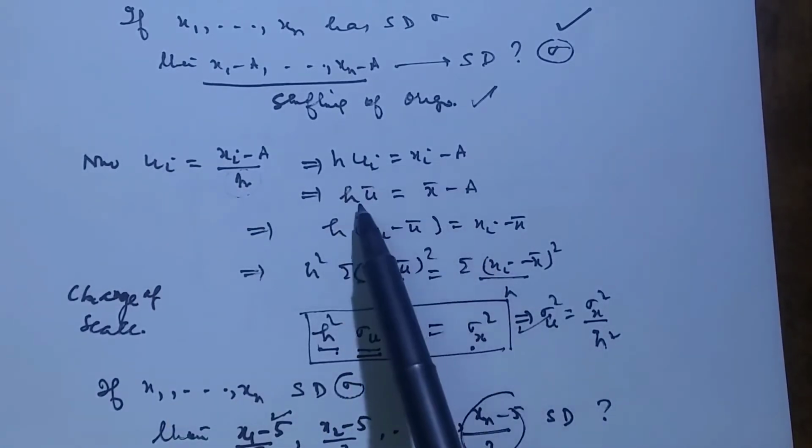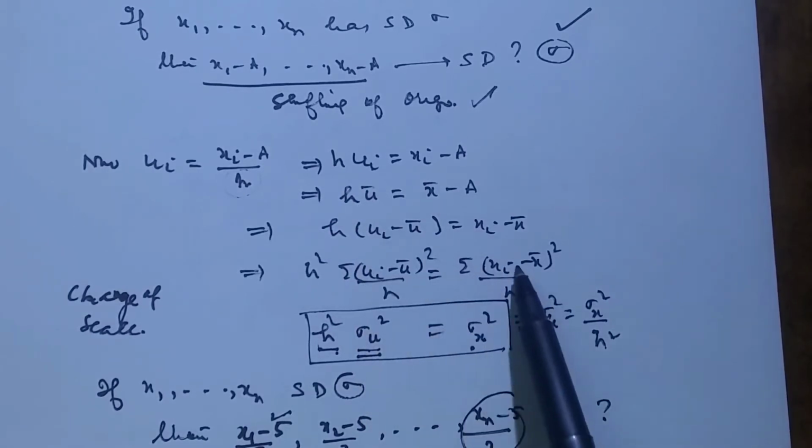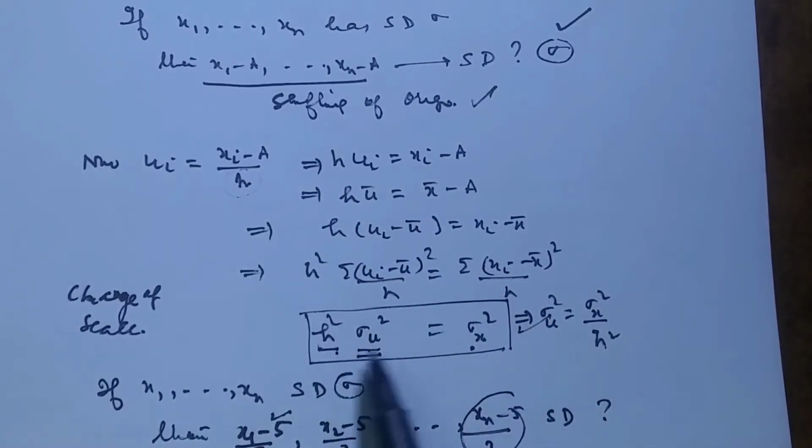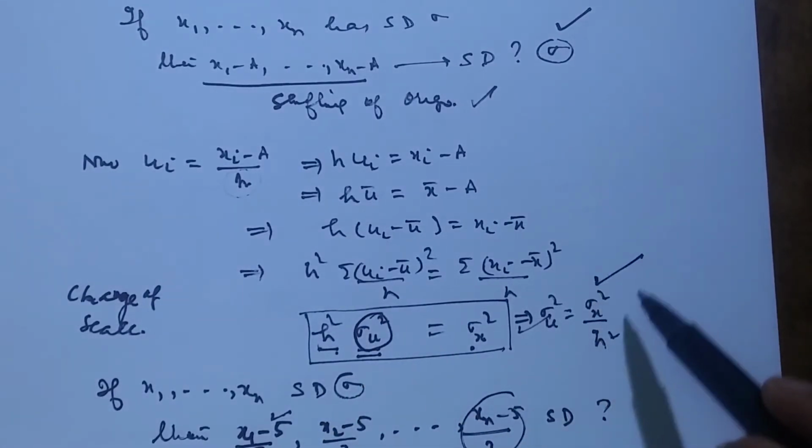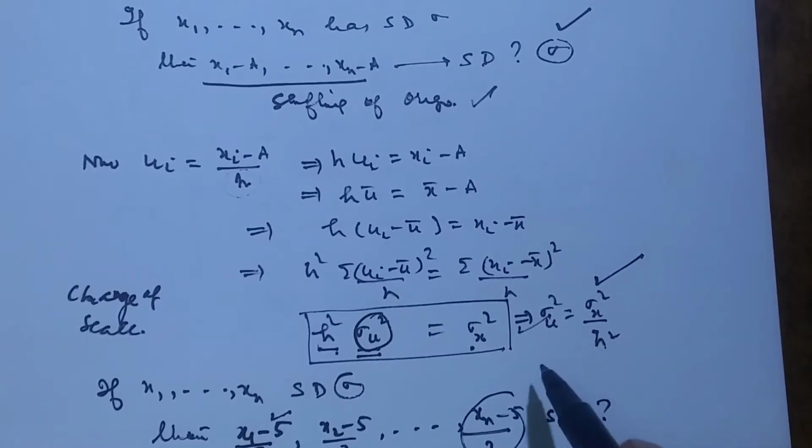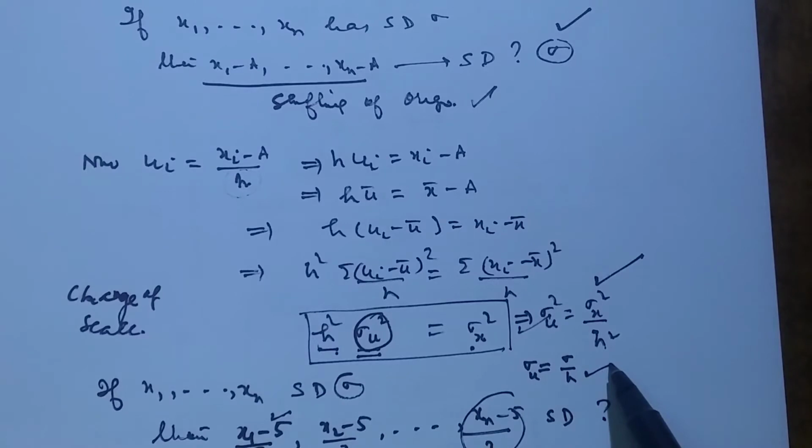Put the square here, and we find this is equal to sigma square by h square. Then the variance is the square of this, and therefore the standard deviation of the new variable will be the original divided by h. If you divide by h, the same will be divided here in this case.